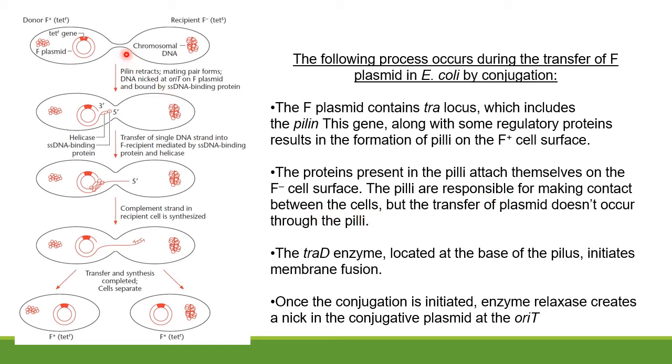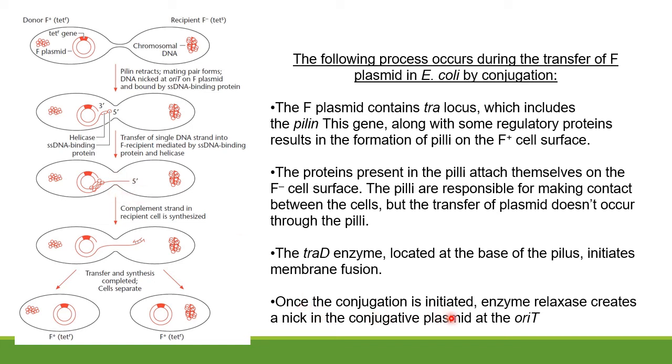So the pilus retracts, the mating pair forms. You can see here the cells are fusing, but the transfer of plasmid does not occur through the pili. The TraD enzyme located at the base of the pilus initiates the membrane fusion. So now you can see here membrane fusion has taken place.